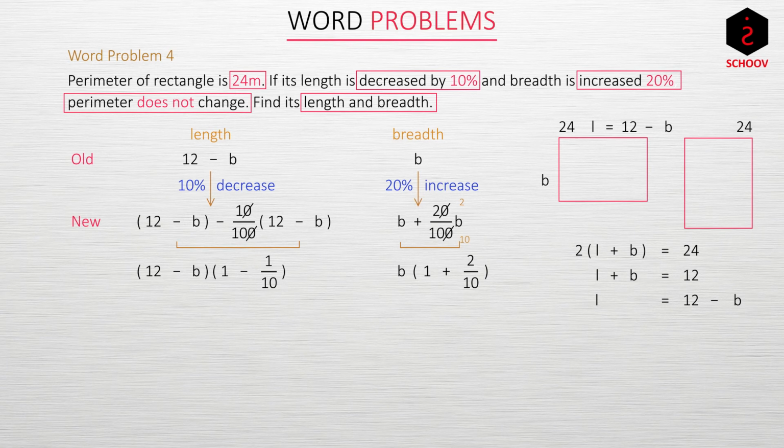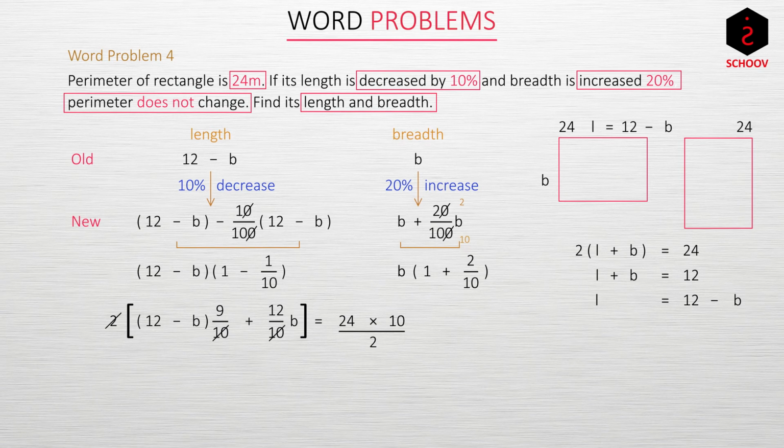1 minus 1 by 10 is 9 by 10. And 1 plus 2 by 10 is 12 by 10. 12 minus B and B remain as it is. Now if we add these and double the sum, we get the perimeter, which is the same according to the question, 24. Cancel 10 in LHS, so it goes to the numerator in RHS, and cancel 2, it goes to the denominator.